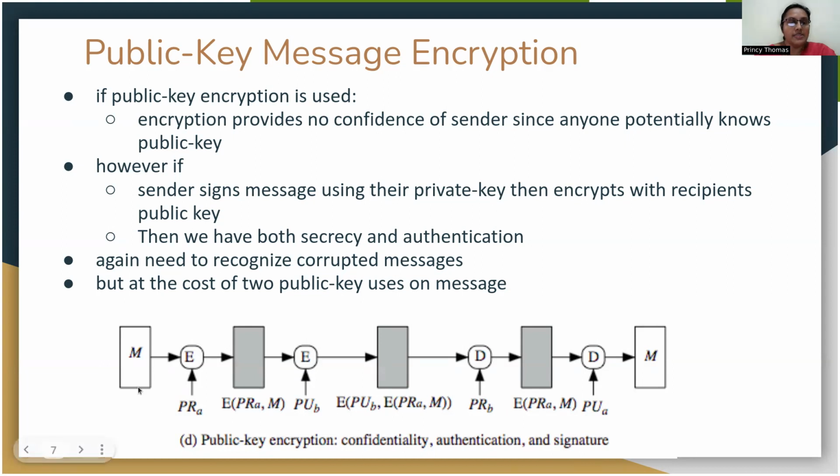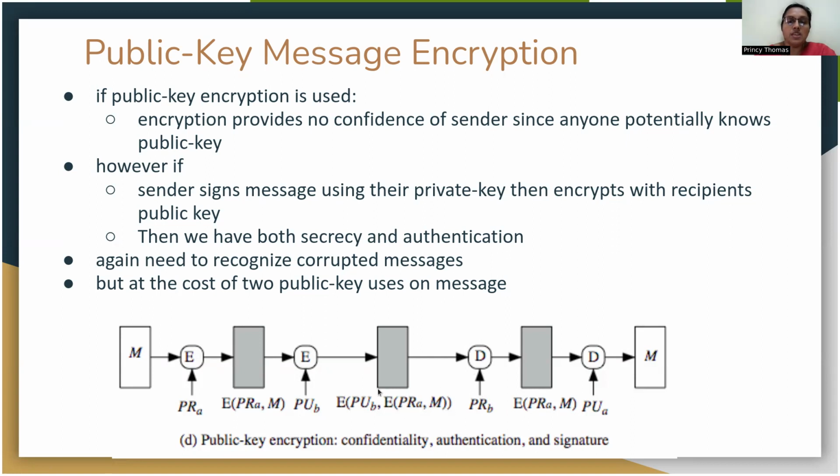So what is happening? If A wants to send a message M, first he signs the message using his private key. So he encrypts first using his private key. And that encrypted message is then encrypted using the public key of the receiver. And that packet is sent to the receiver B. When he receives it, the first thing he does is use his private key to decrypt the message that is given, but that is signed by PRA.